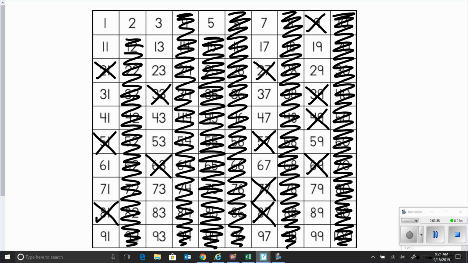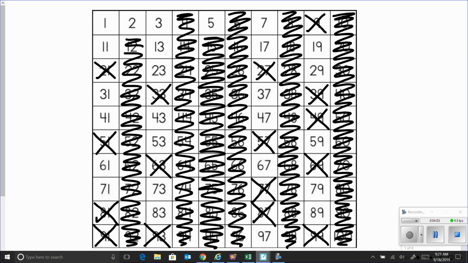89 is prime. And probably the toughest one on here is 91. 91 can actually be divided by 7 and 13. 93 can be divided by 3 and 31. 97 is prime. And then 99 can be divided by 9 or 11, 3 or 33. So all of the numbers between 1 and 100 that are not crossed out are the prime numbers.